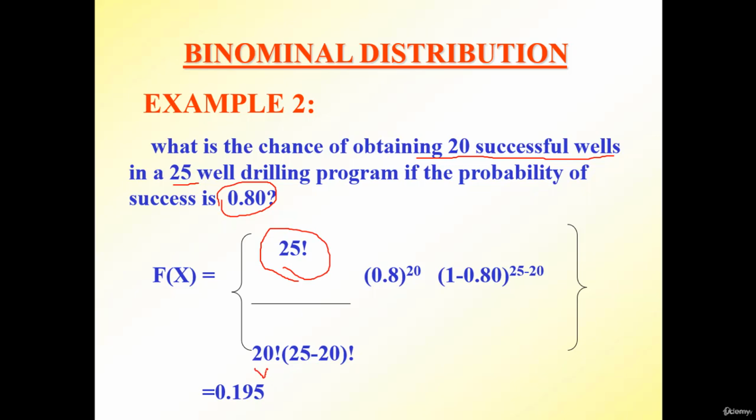Here is the number of successes that I have. The power here is the number of successful wells. Here is the total wells minus the successful wells, with 1 minus the probability of success of one well 0.8, here 1 minus 0.8. So the probability that I have 20 successful wells will be 0.195.